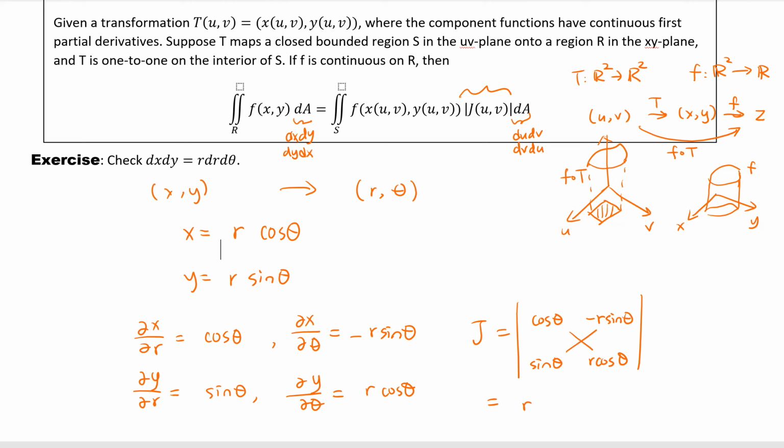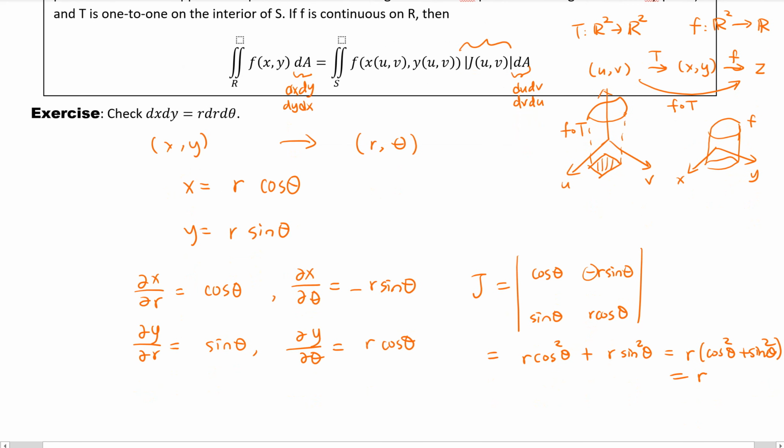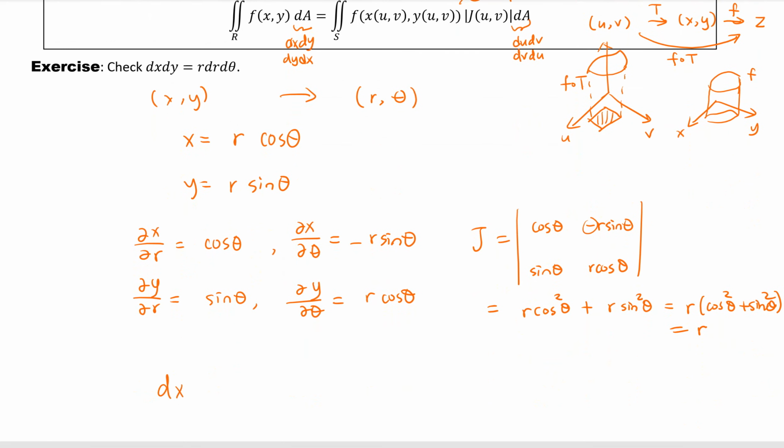So we have r cosine squared theta minus minus r sine squared theta, but because of the negative, it becomes positive. We can factor out r, and we just get cosine squared plus sine squared, and cosine squared plus sine squared equals 1. So that's why we get r. That is why dx dy equals r dr d theta.